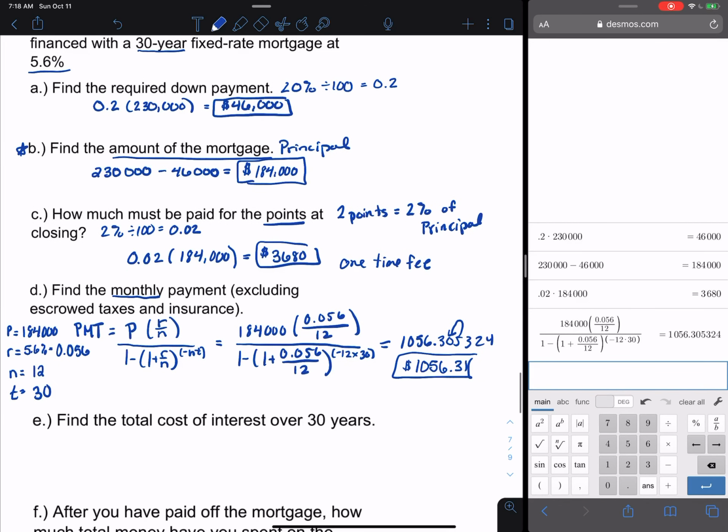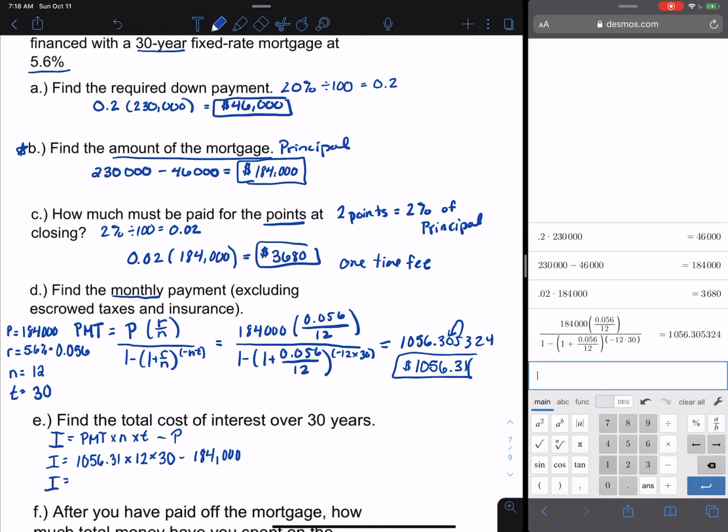In Part E, they tell us to find the total cost of interest over 30 years. So remember, for interest, we have to do the amount we paid on the loan, so the payment times n times t, and then subtract out the principal. So in this case, we'll have 1056.31 times the 12 months that we paid for 30 years, minus the principal we borrowed, the $184,000.